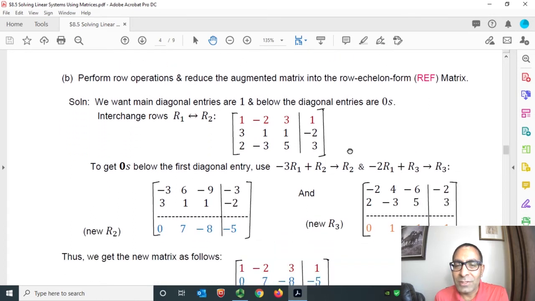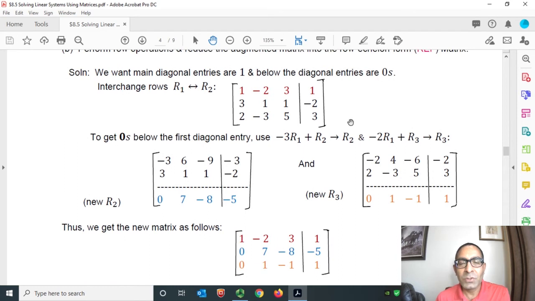Now let me scroll this way. The next step is to make zeros below the first diagonal entry. So we want 0 in the place of 3 and in the place of 2. How can we make zeros here and here? We multiply row 1 by negative 3 and add to row 2, and replace row 2 by that result.